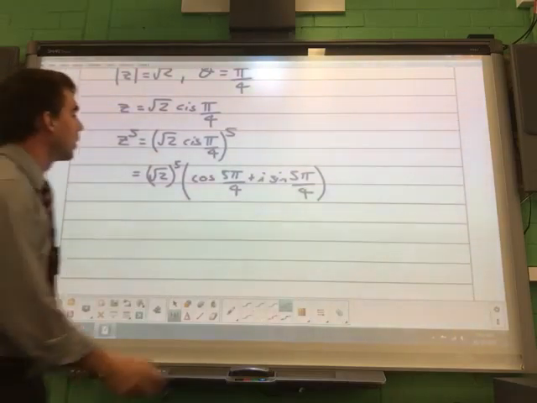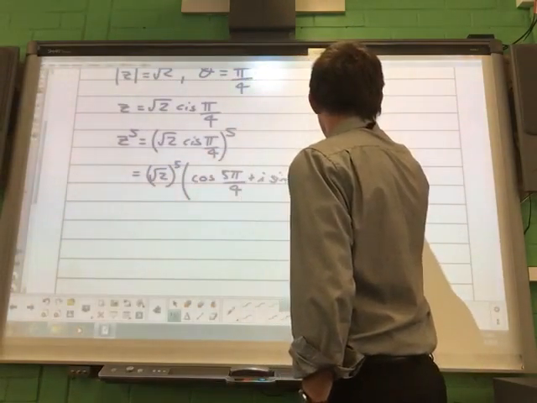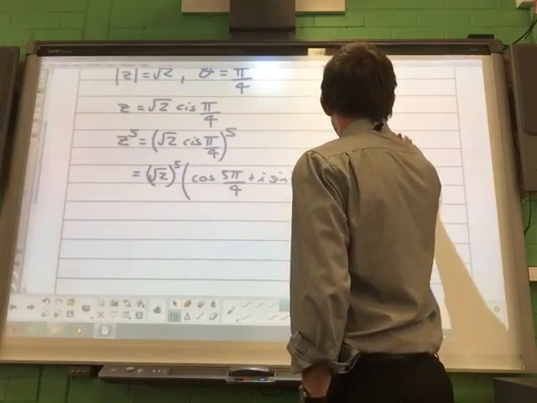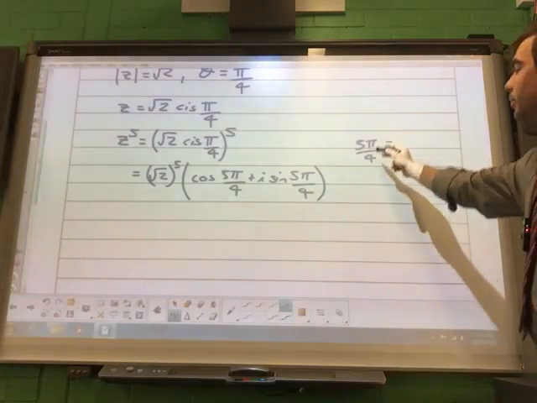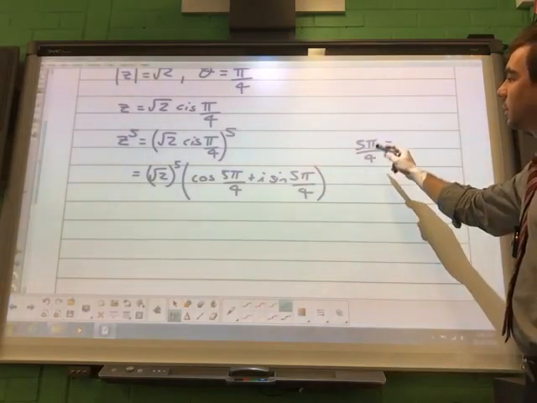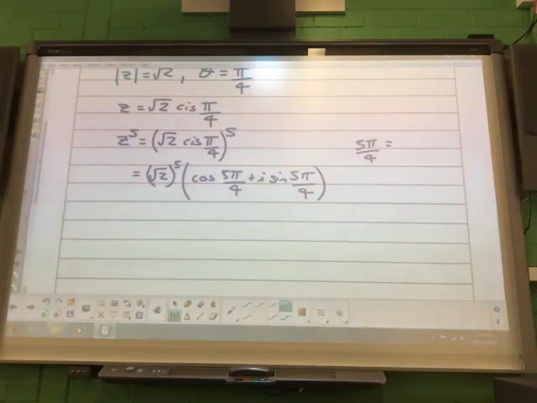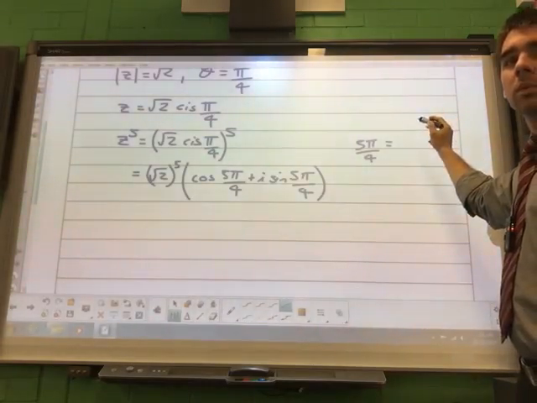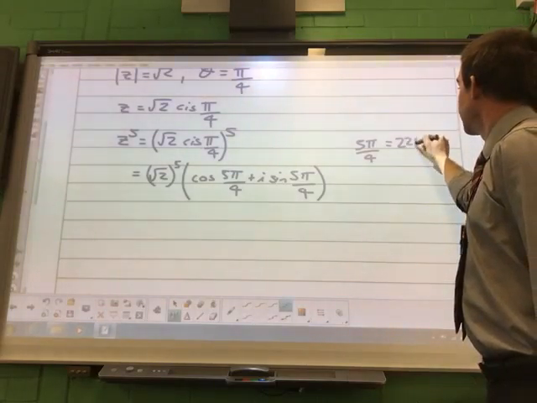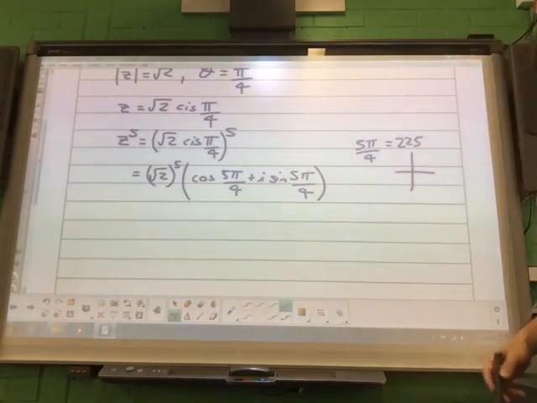Just a side note, 5 pi on 4 is what? We've got pi on 4, which is 45, times 5, 225, which is in which quadrant?